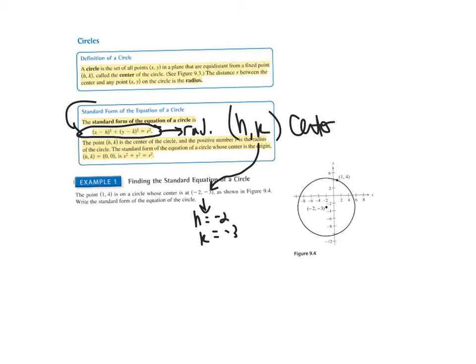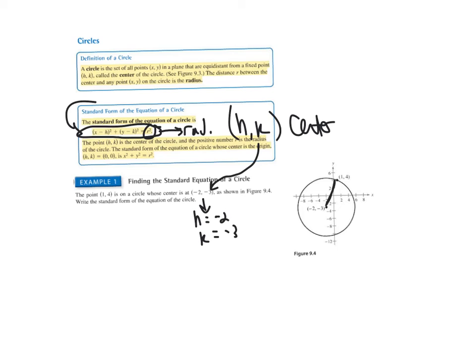So it's actually kind of nice because you don't need to do a whole lot of work once you plug in values. The difference with this question is I don't know the radius. If I knew the radius, I could just plug it in here, plug in the center, I'd be done, okay? But I need to actually calculate my radius.